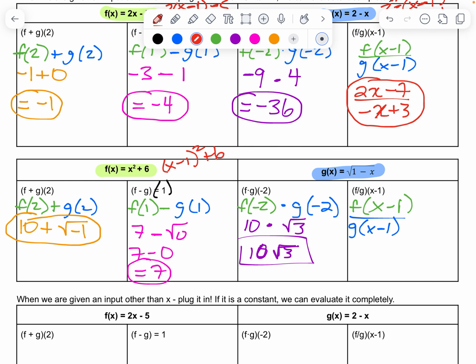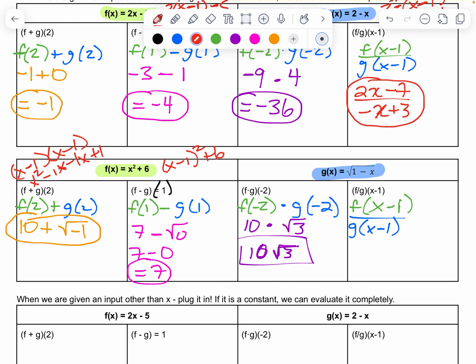Well, in case you're interested, I could rewrite that and then distribute. I have x squared minus 1x minus 1x plus 1.